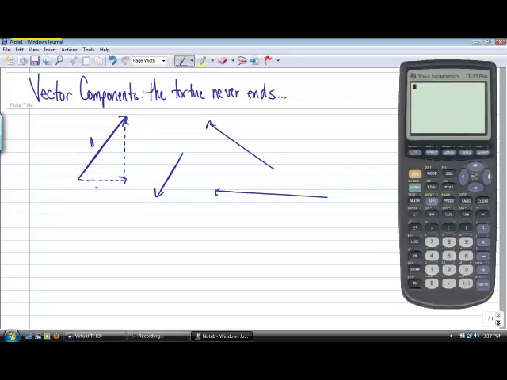So if this is A, this would be A sub x, and this would be A sub y. And this would be some angle theta we're going to come back to. We do the same thing with the rest of these vectors. And it doesn't matter which side you draw them on, as long as you remember to hold true to the head to tail.